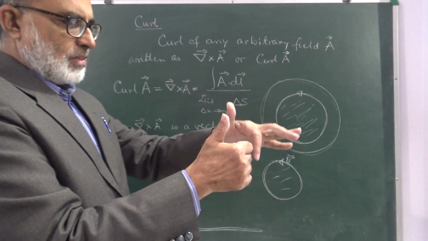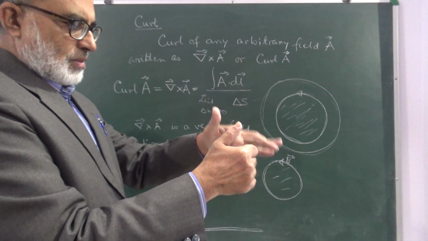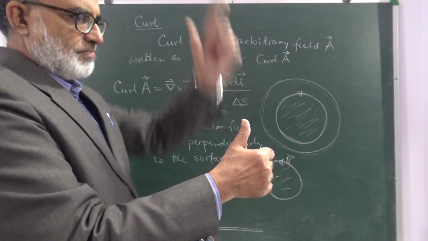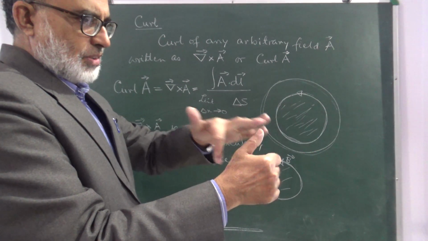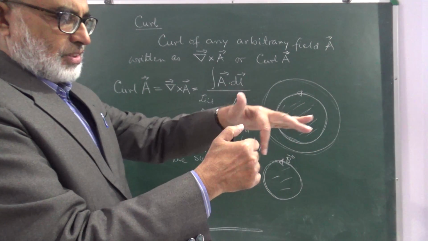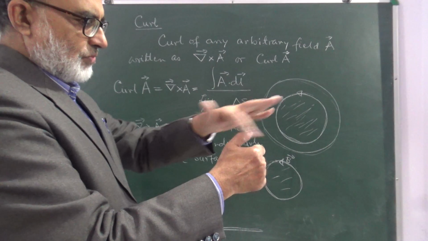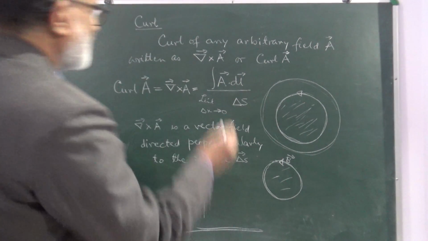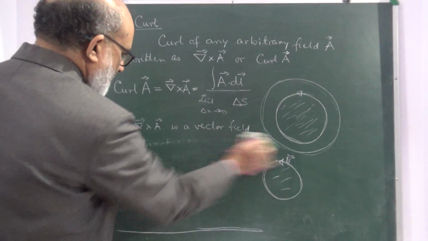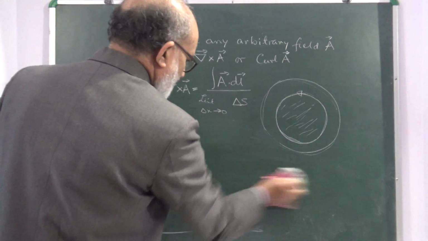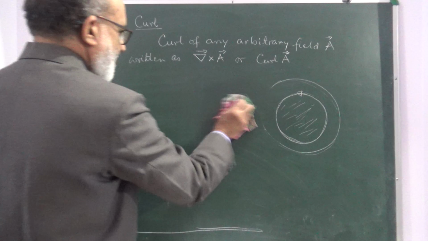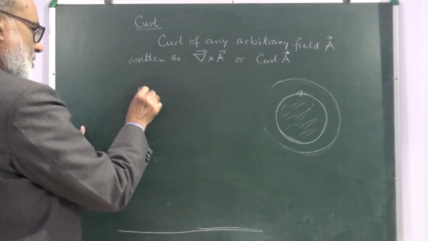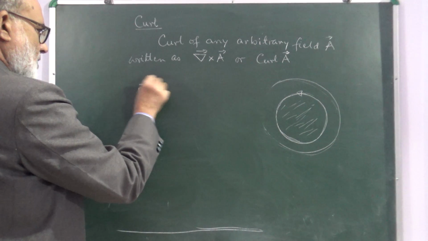If the magnetic field is along the fingers, the thumb will point in the direction of the current. So this is the rotation of the line integral of the magnetic field. The line integral of the magnetic field is equal to the current. In Ampere's law we have seen, instead of A dot dl, this is B dot dl.